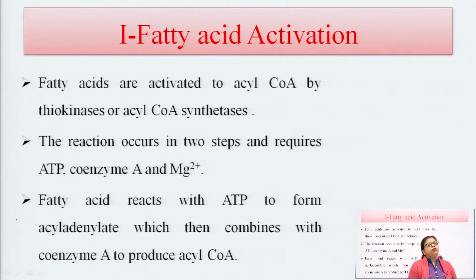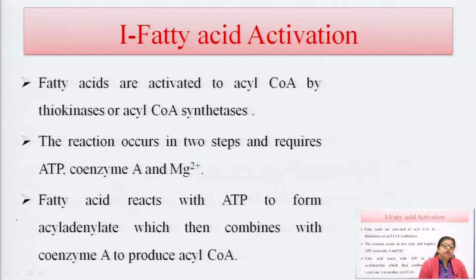Why do we require activation of fatty acid? Because fatty acid is generally present in the body in its normal form, and when we have to start the oxidation of a fatty acid, we start with the activation of that particular fatty acid. Fatty acids are activated to acyl coenzyme A by the enzyme thiokinase, or acyl coenzyme A synthetase.